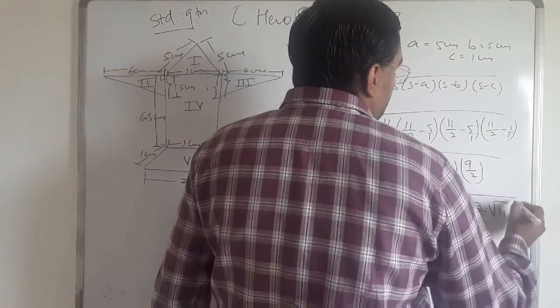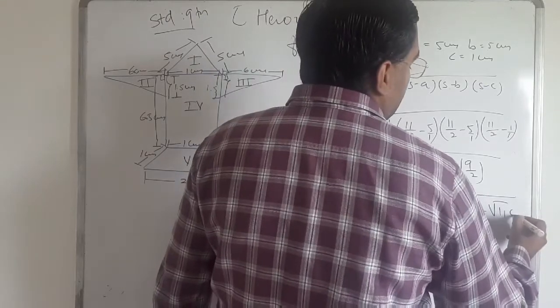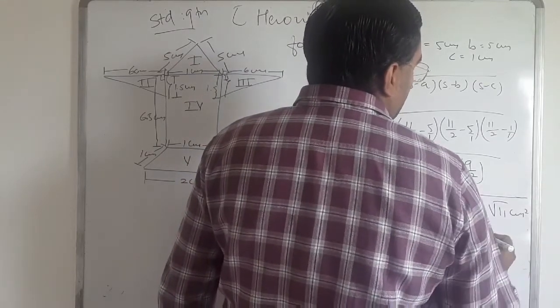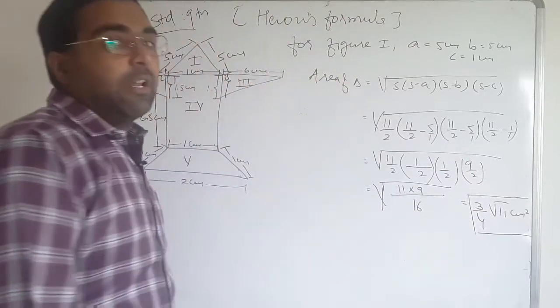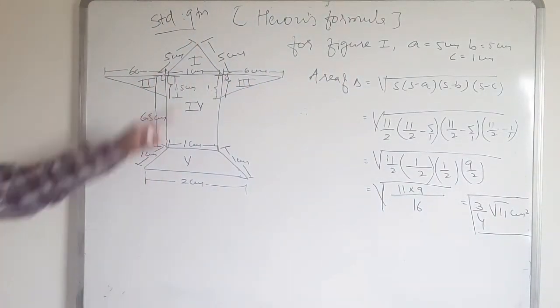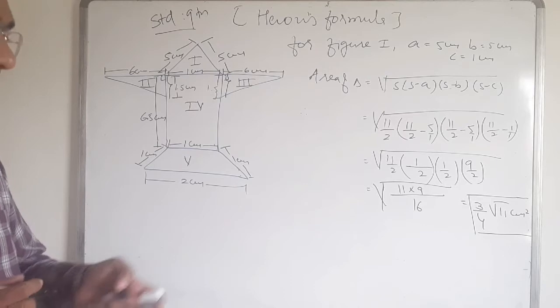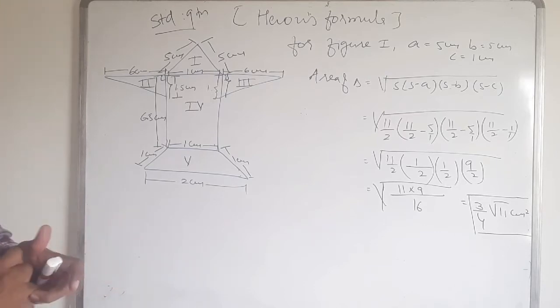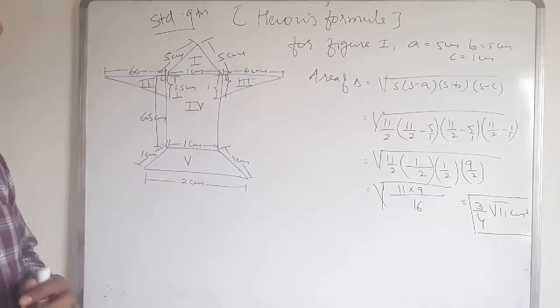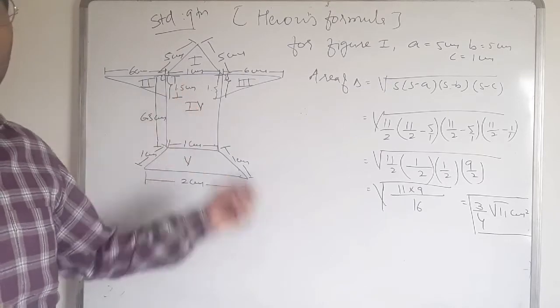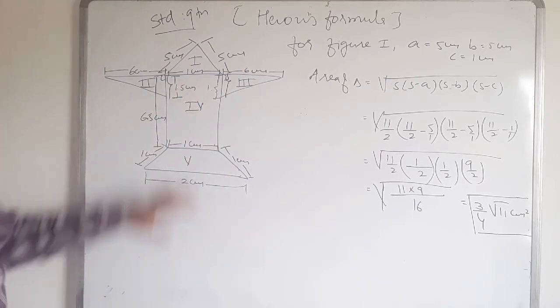So 3 by 4 root 11 centimeter square. My answer is 3 by 4 root 11 centimeter square for the first triangle, or first region, or first figure that is given in the whole figure.